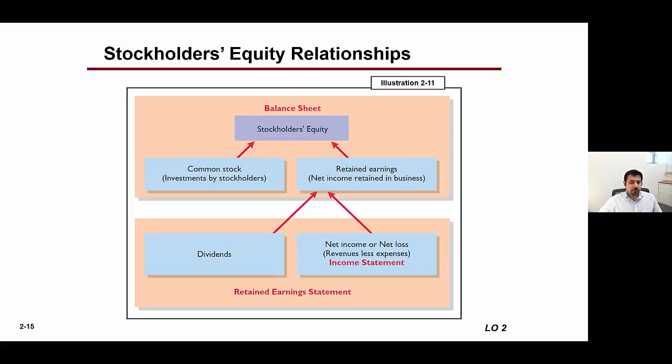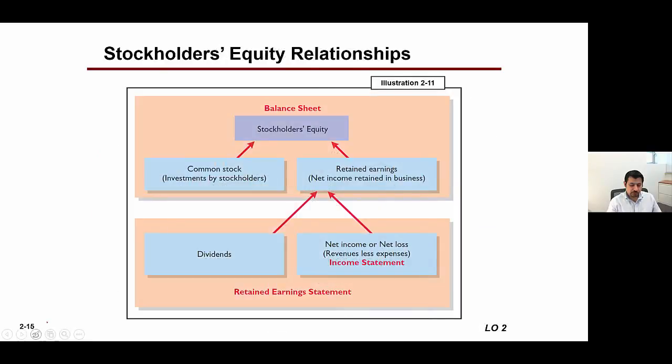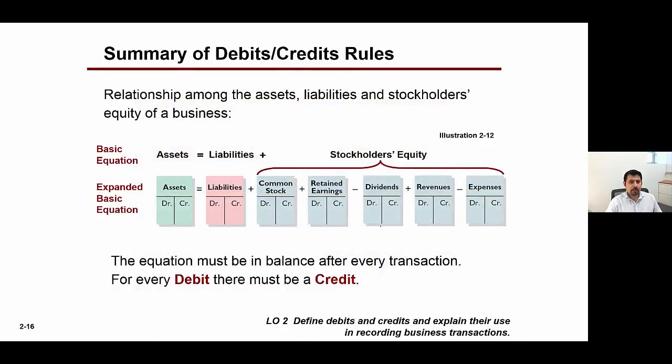That would give us the information needed to calculate retained earnings, using both the net income or net loss from the income statement and the dividends, along with the common stock. That would give us the stockholders' equity section of the balance sheet.